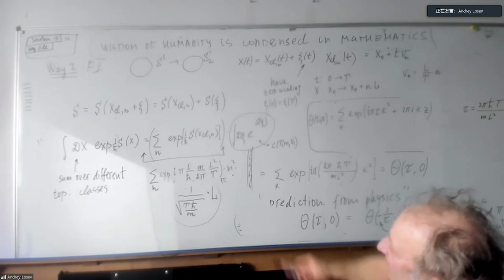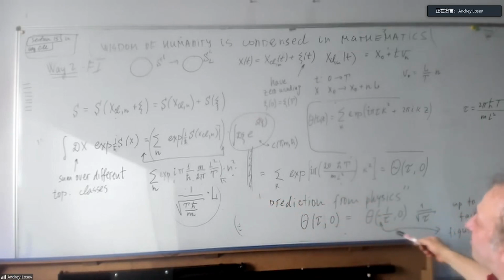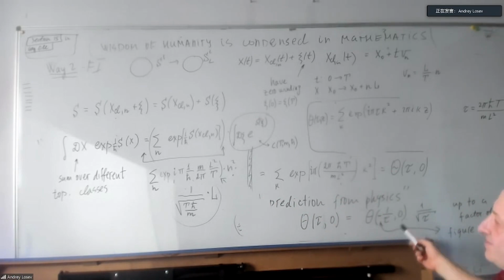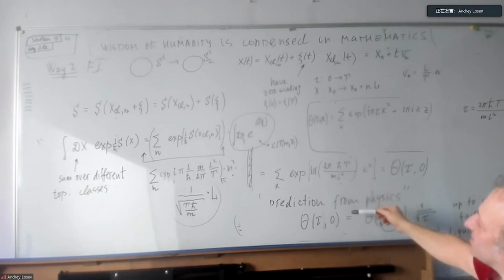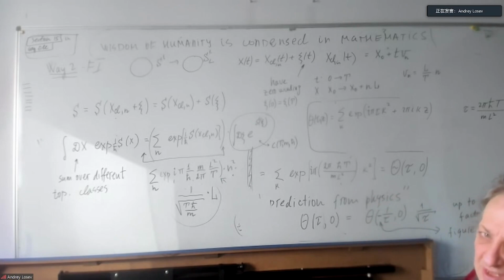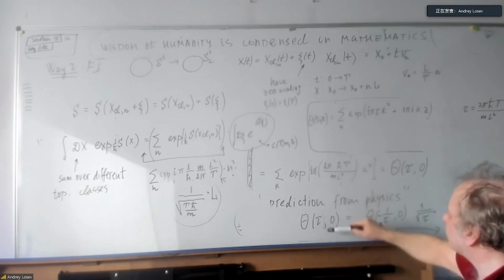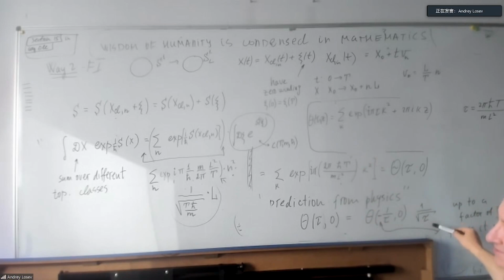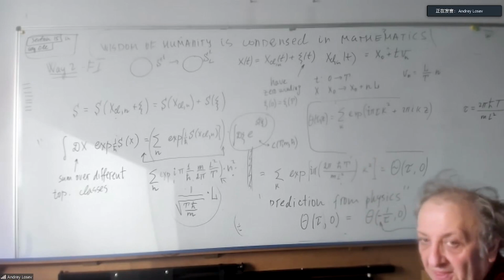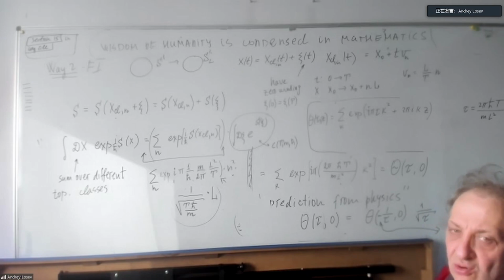So once again, this is a physical prediction coming from physics. And now physicists are coming to mathematicians telling them, look, we predict something very interesting. We predict that this function has a relation like this. And then mathematicians say, oh, physicists gave us a formula.